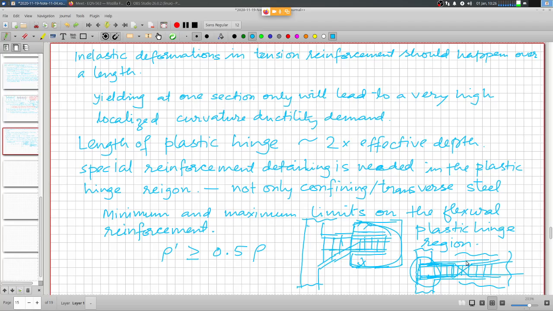Then this may also develop a tendency of sliding shear, because this tension steel is now in the plastic flow range. It is flowing plastically, so it offers absolutely no resistance, and the concrete here is obviously already compromised. So there may be a possibility of failure by sliding shear.